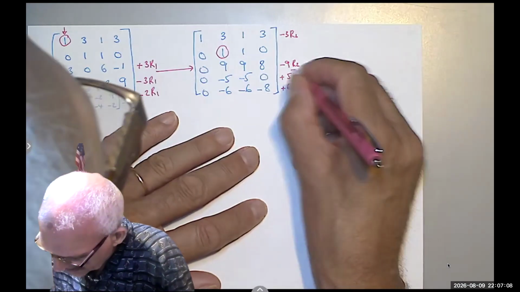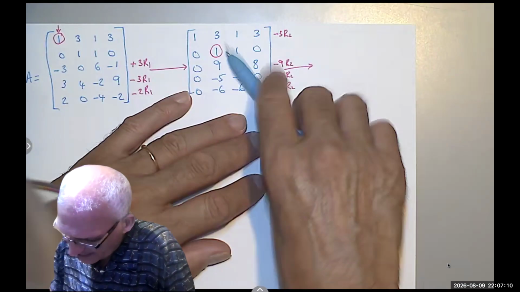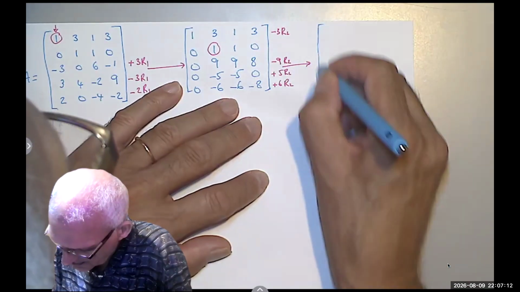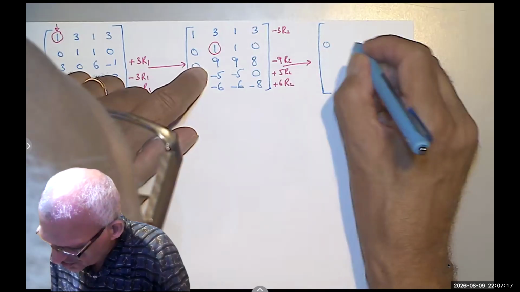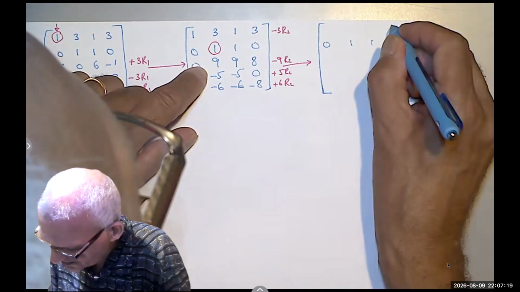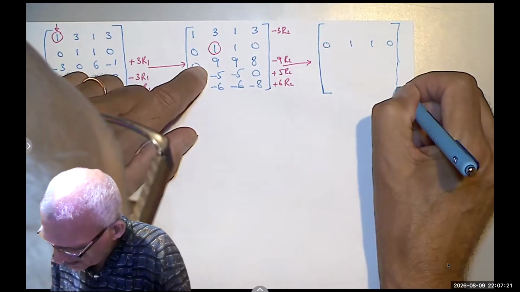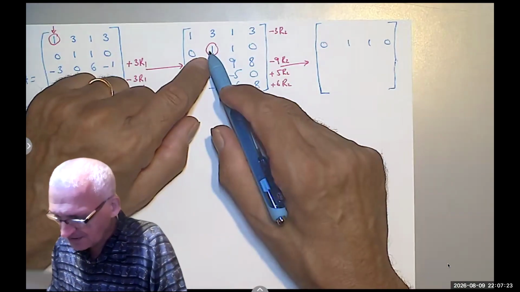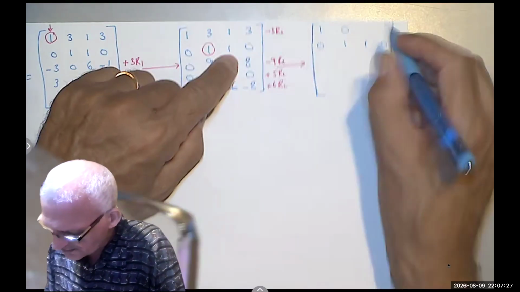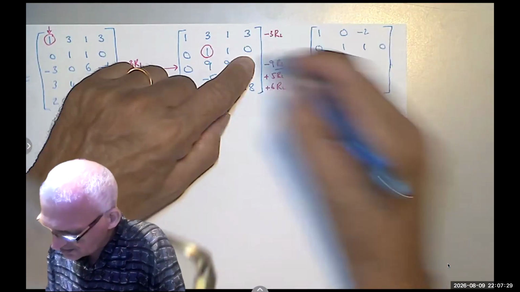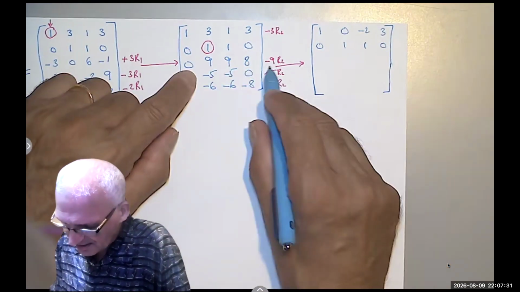Then that would lead to a new matrix that has the second row unchanged: 0, 1, 1, 0. The top row, I'm going to subtract 3. So 1 minus 0, 3 minus 3, 1 minus 3, and 3 minus 0. Here I'm going to subtract 9.